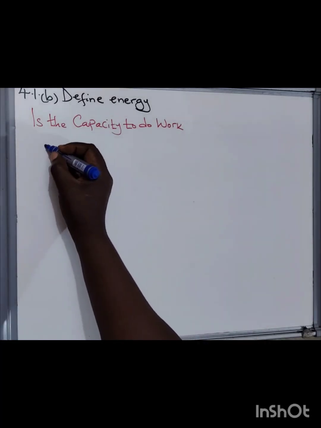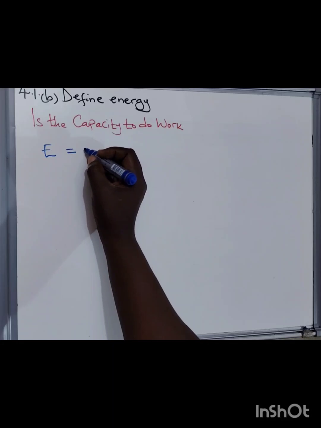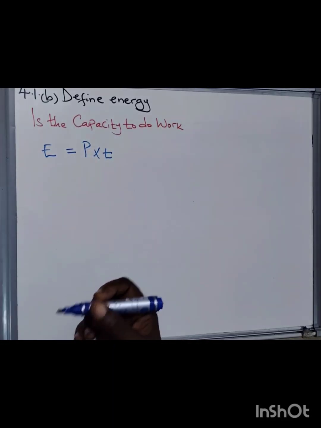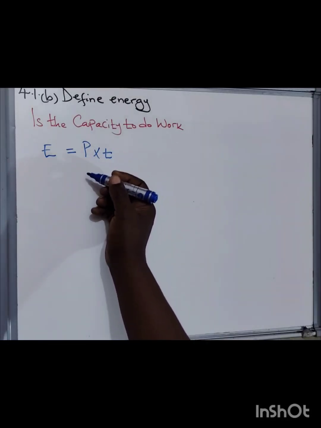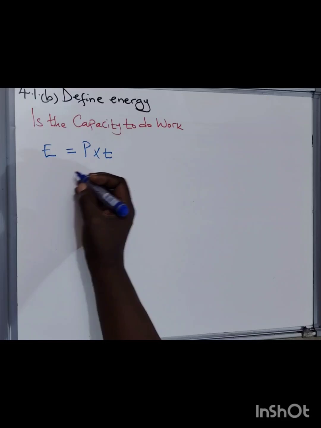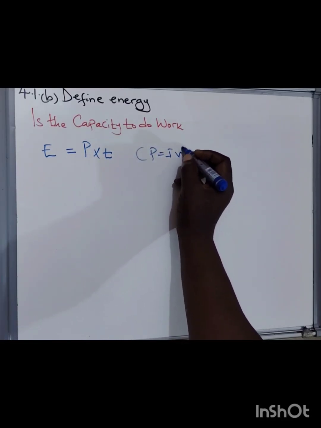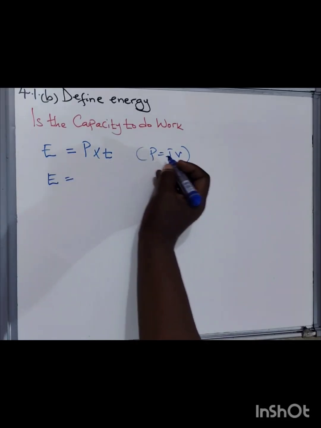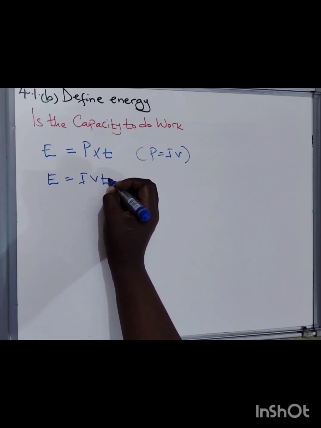Okay, you have to know that if E represents energy, then we can say energy is equal to power times time in seconds. So if this is true, then you have to remember that we saw power as IV. So that gives us energy equals IVT. Okay.